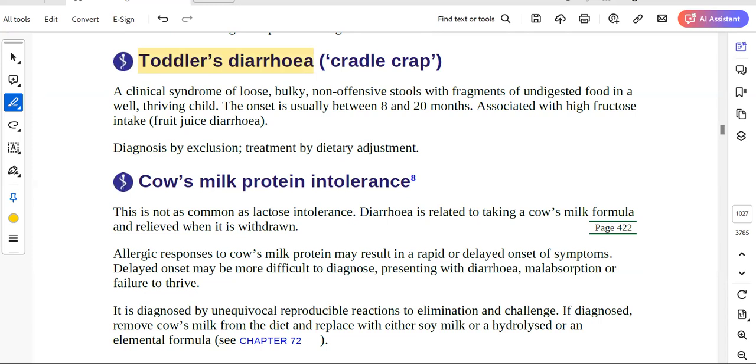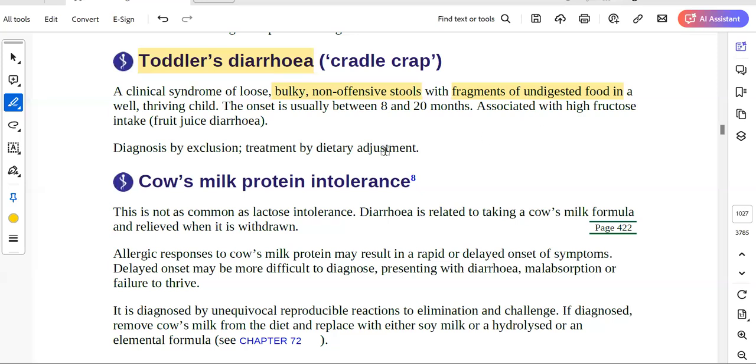There is a condition called toddler's diarrhea. This is also in children. It is a condition which happens in toddlers, which means children between 1 to 3 years of age. In these children, there is nothing wrong. They eat well, they grow well, so everything is good, but they get a loose, bulky, non-offensive stool, and they will have undigested food material in their stool.